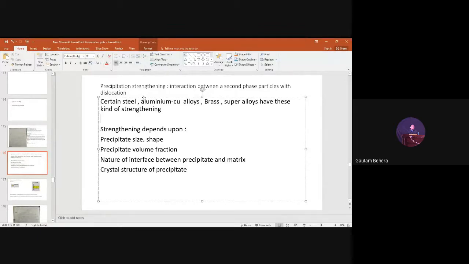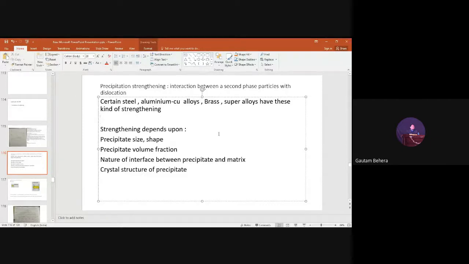Right? So basically, an aluminum copper alloy has a precipitate that is Al2Cu, if you remember. Brass also shows precipitation strengthening. Superalloys also show precipitation strengthening, like nickel based superalloys sometimes. And certain steels also show precipitation strengthening.